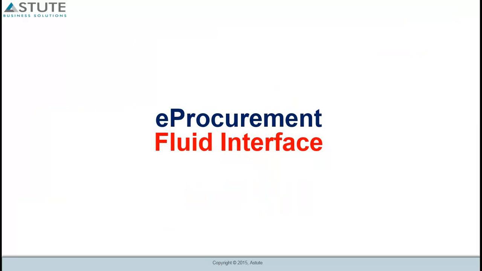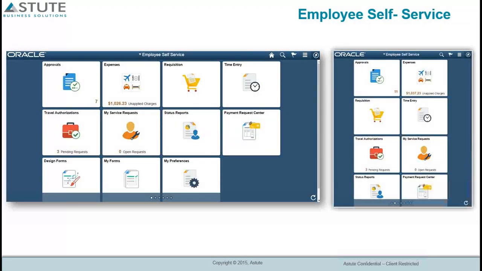So I also want to pay attention to the fluid interface, which is again a big plus in PeopleSoft 9.2. So I took a few screenshots here. On the left, I have my screenshots of a desktop application when I log into my PeopleSoft 9.2.